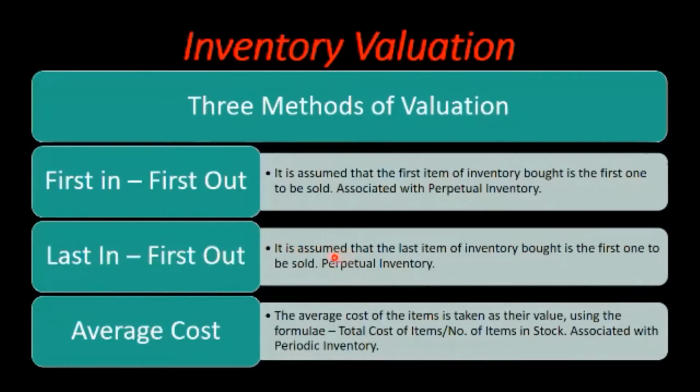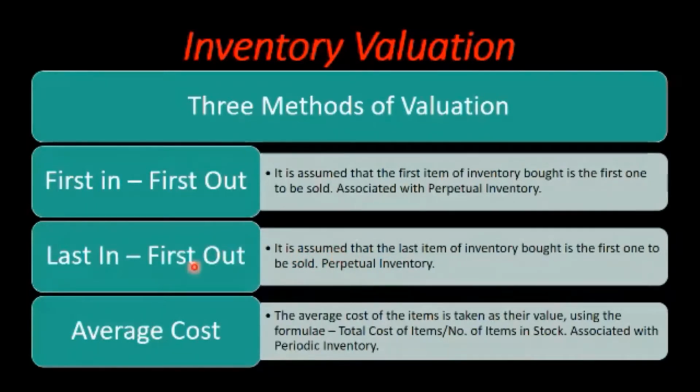Okay? Now, notice this is an assumption. Nobody in their right mind will sell the last thing that they buy first. Otherwise, you will end up with a set of expired items on your shelf, right? From what you buy first. Okay, so this is an assumption for valuation purposes.